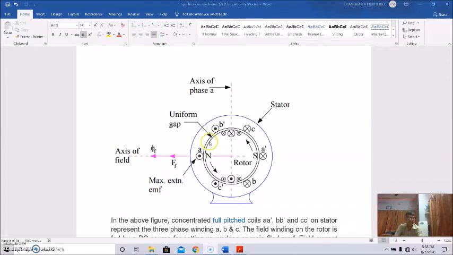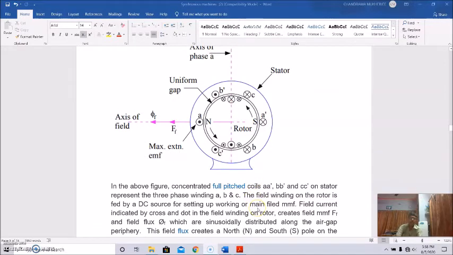This is a uniform air gap, this is the stator, and this is the rotor. In this figure, the concentrated full pitch coils, A dash, B dash, and C dash on the stator, represent the three phases of the phase winding, A, B, and C. The field winding on the rotor is fed by a DC source for setting up the working or main field MMF.